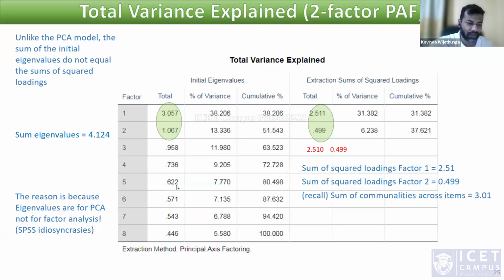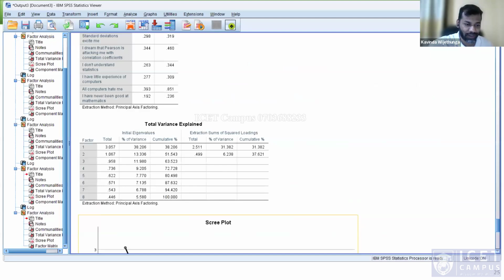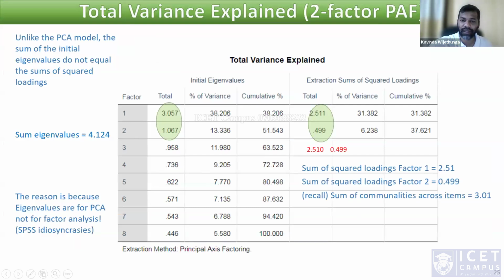The reason is that eigenvalues in principal component analysis are not actually a factor analysis method. The sum of the squared loadings of factor one equals 2.511, and the sum of the squared loadings of factor 2 is 0.499.